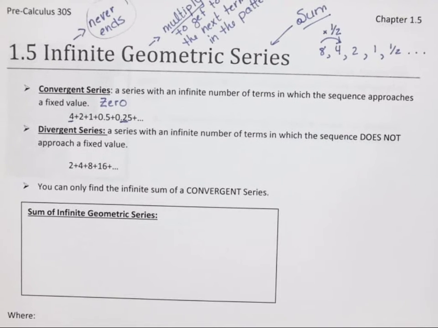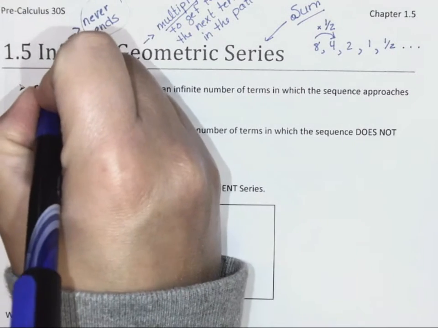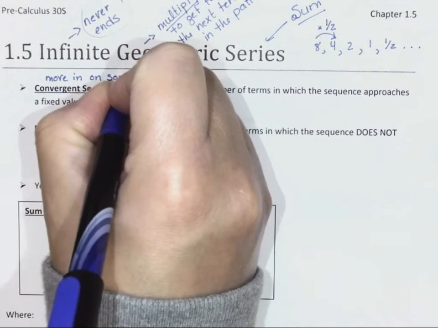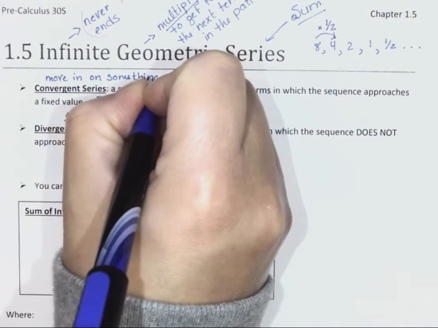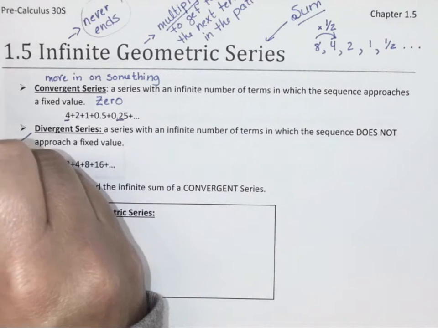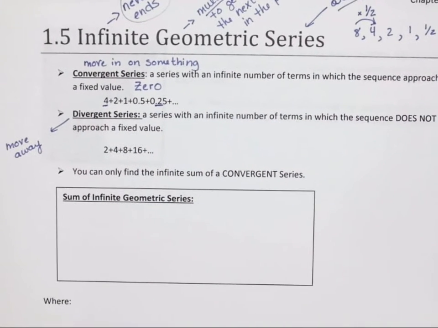A divergent series: convergent means to move in on something. A divergent series means to move away from something. Oh, sorry, you can't see that. That just says move away.